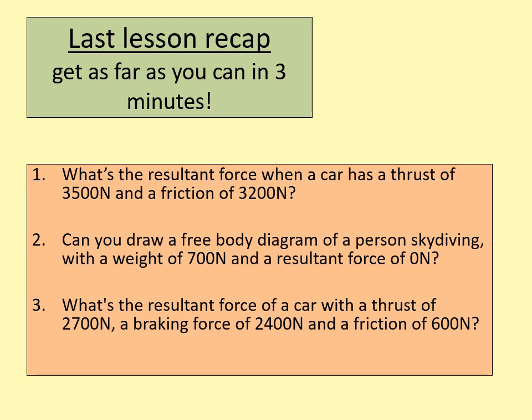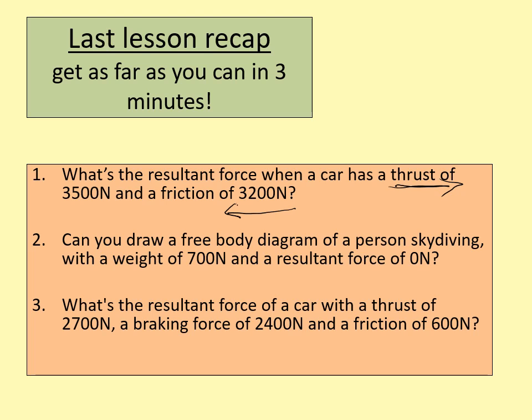Okay, now I'm assuming you have paused for 3 minutes and then you're coming back to check. So what is the resultant force when a car has a thrust of this many newtons and a friction? Thrust is what allows a car to go forward, so this is our forward force. Friction is something that always opposes the motion.